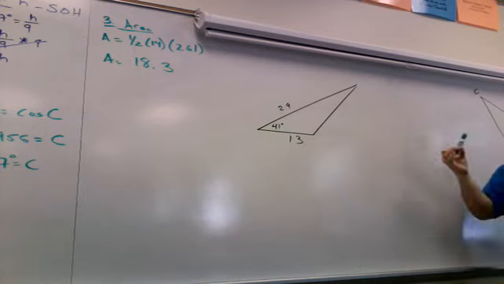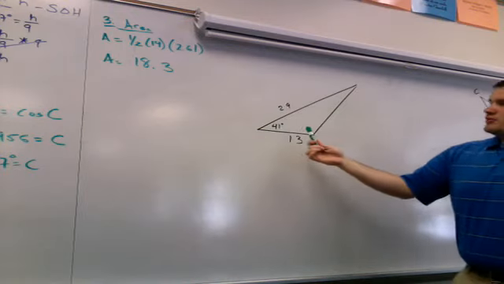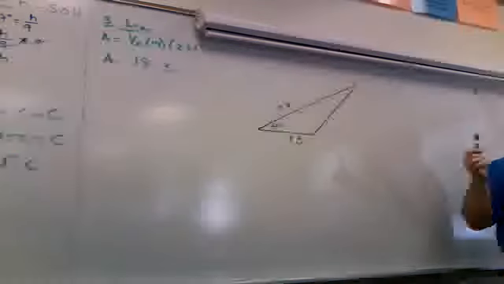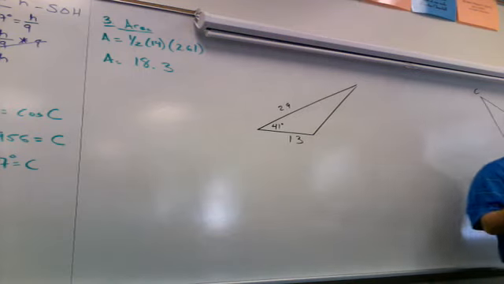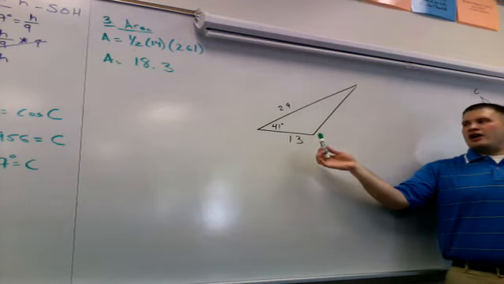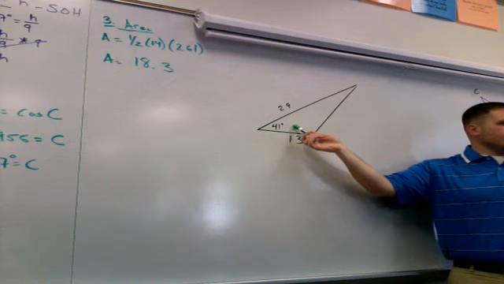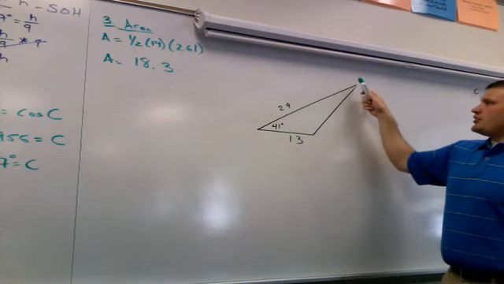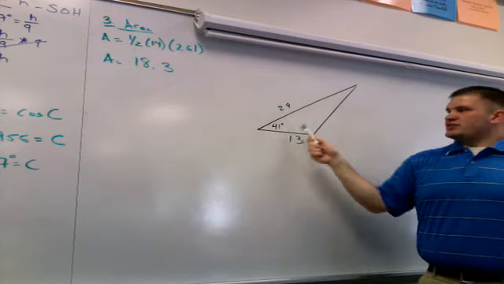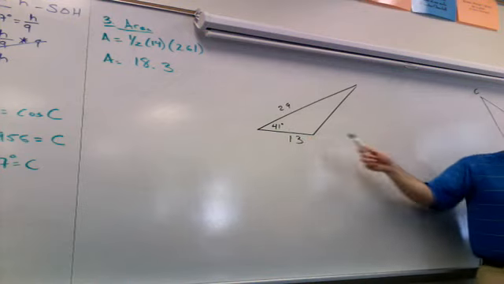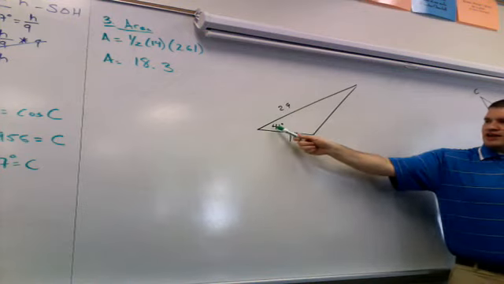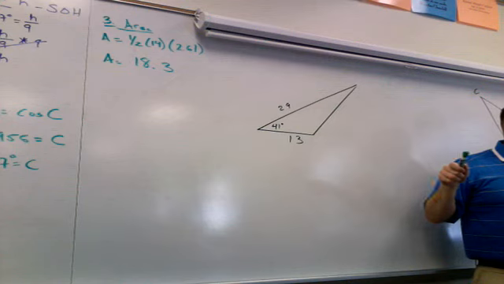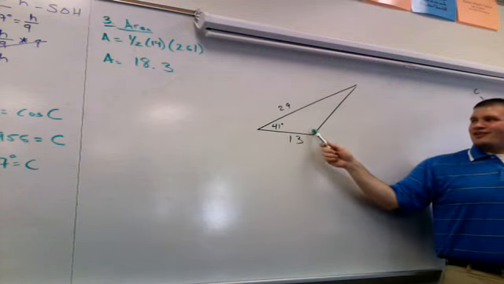Since we're skipping the law of cosines, we need to be smart about where we draw our height. We need to draw the height so that it's in a triangle that uses this angle. If I draw my height over here, is that using this angle? No. If I draw it right here? Yes.